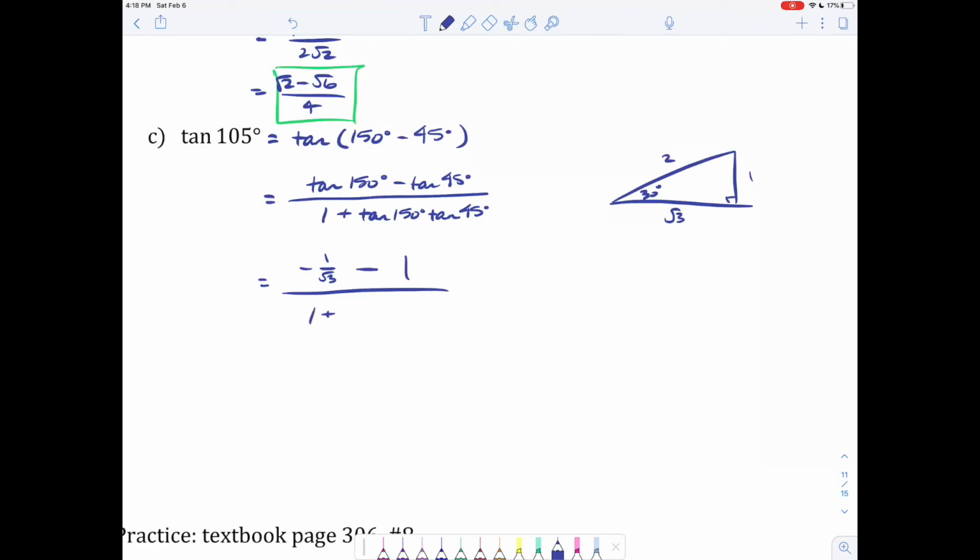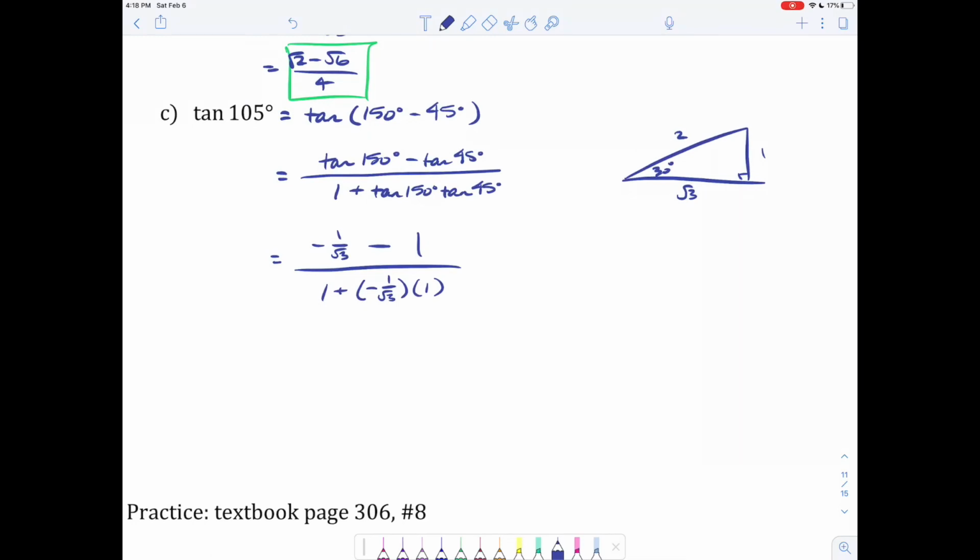Okay, 1 plus, and then tan of 150 is negative 1 over root 3. Tan of 45 is 1. I'm going to multiply top and bottom here by root 3 over root 3 because this is just a little complex. Anyways, this times root 3 is negative 1.